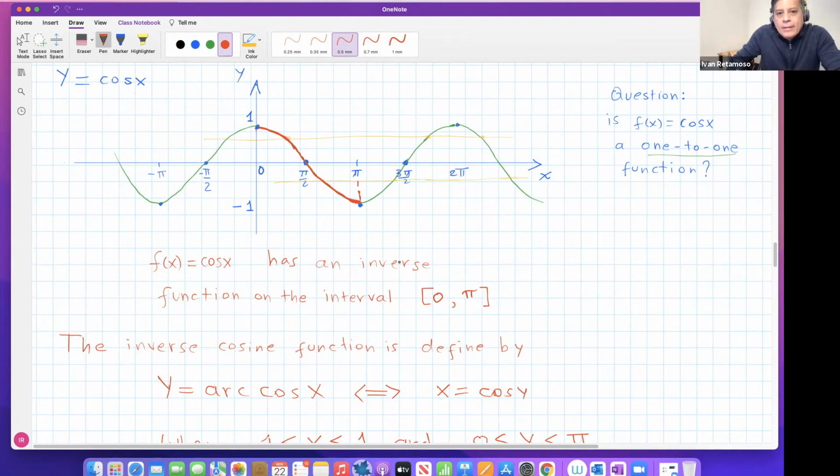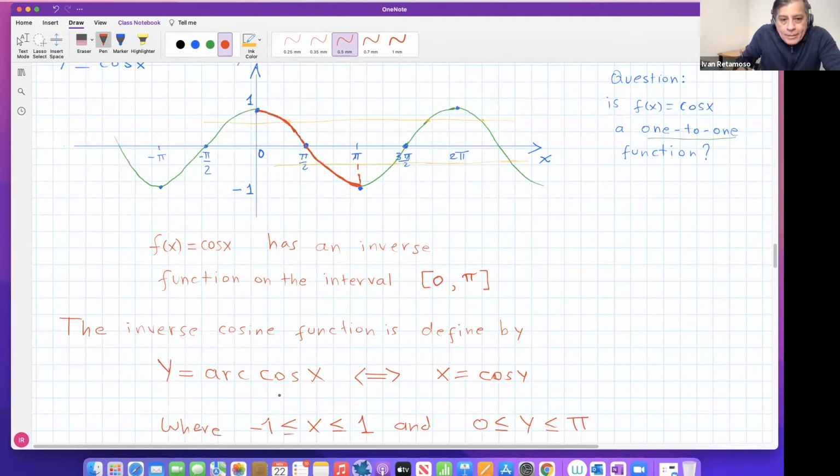Very good. And formally then, the inverse cosine function can be defined by saying this: y will be equal to arc cosine of x. Remember, arc means just angle whose cosine is x, if and only if x equal cosine of y, right? It's just set in reverse.